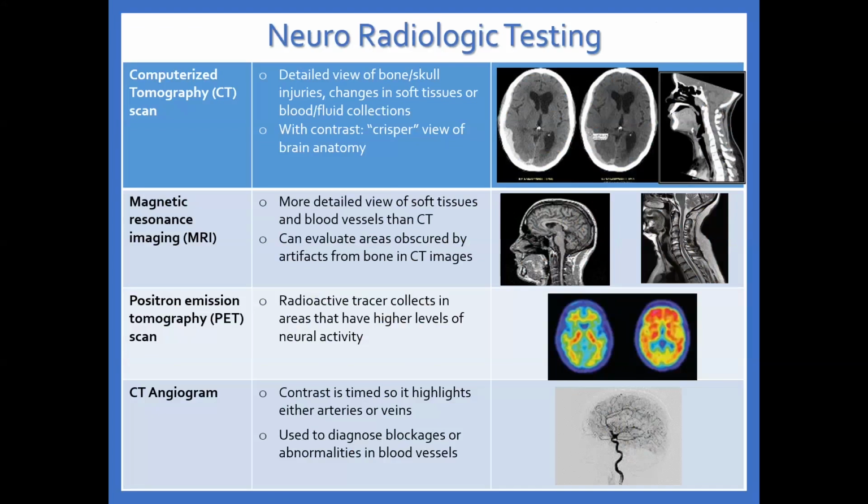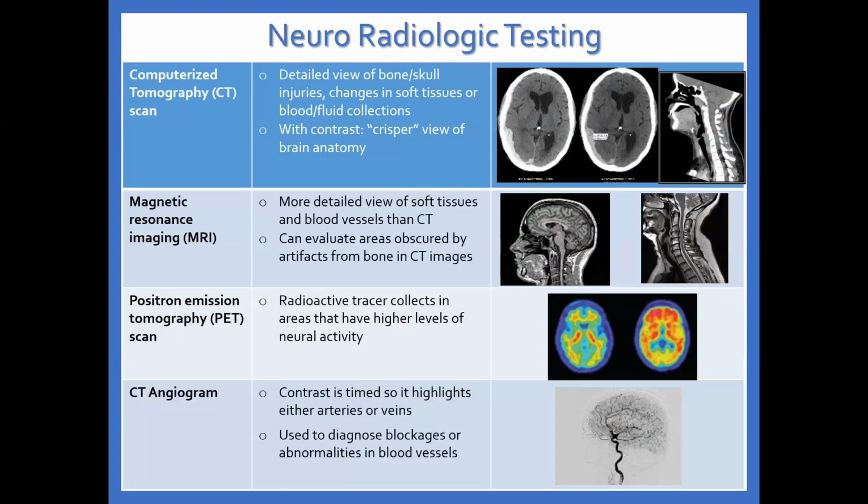PET scans are activity. That's reading all the electricity and neurotransmitter conduction around the brain. So whereas the CT scan and the MRI just tell you what does the tissue look like, this tells you how the tissue is functioning. Okay, so the PET scan is good for tissue function. This is for tissue anatomy, CT and MRI.